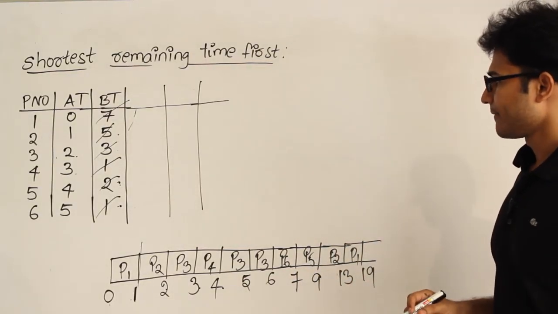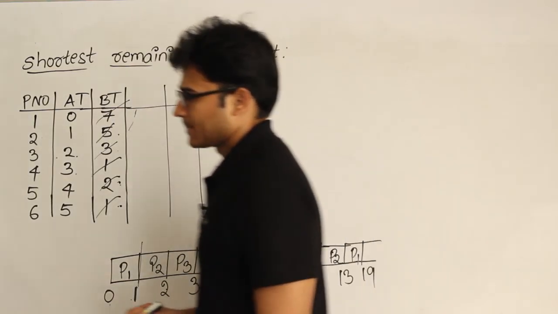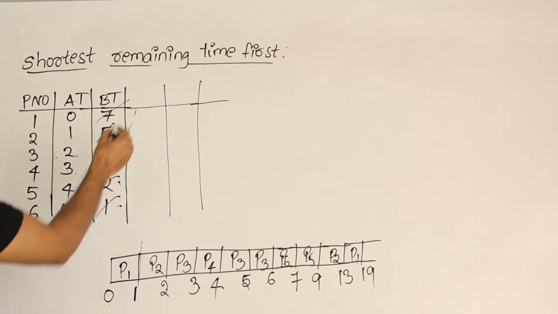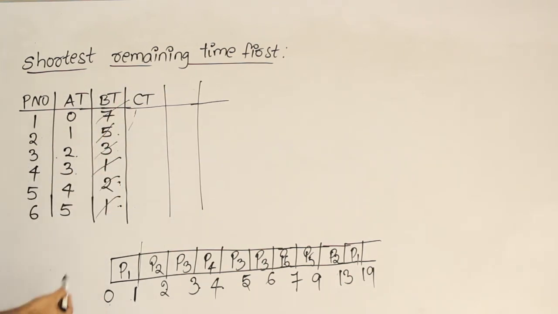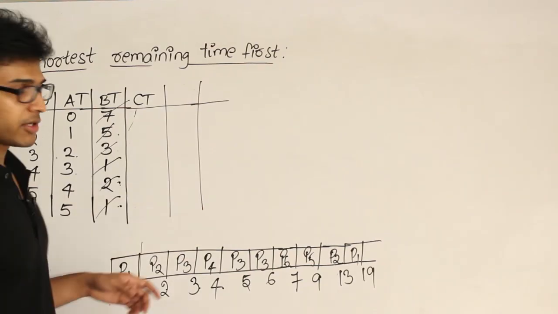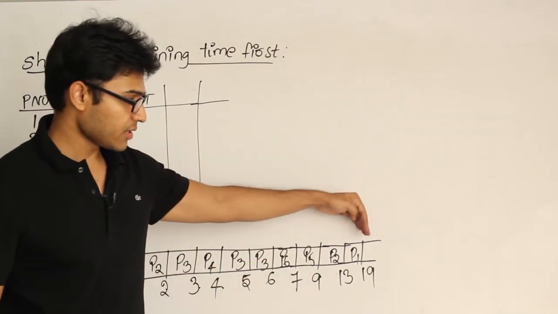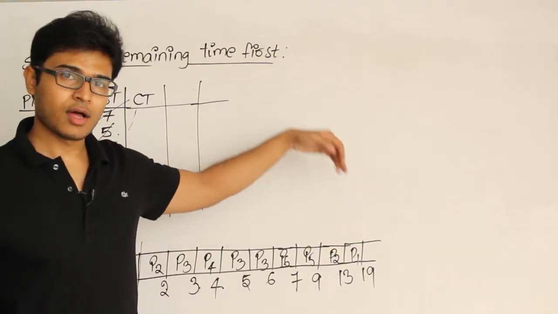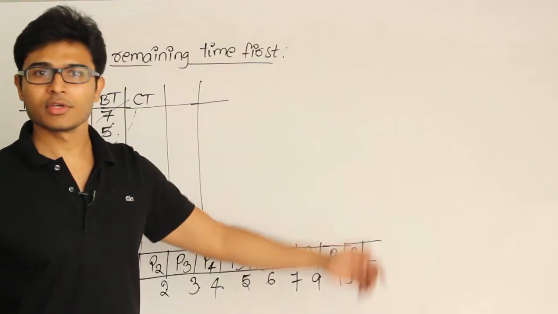Now let's see this. Now completion time. For the completion time of P1, you have to come from the end. Whenever you write the completion time, always come from the end. The reason is P1 is going to occur many times, and the last time at which P1 has occurred gives you the completion time.